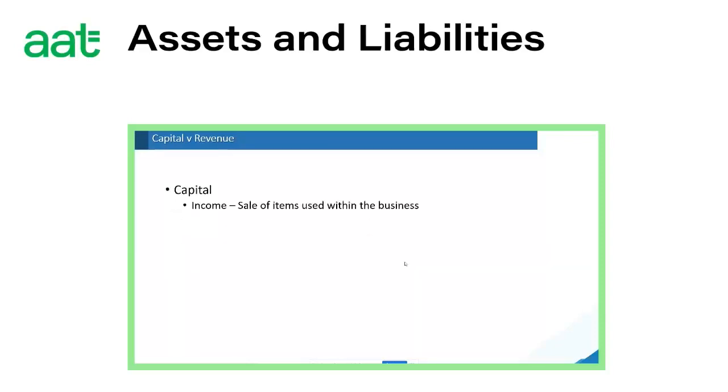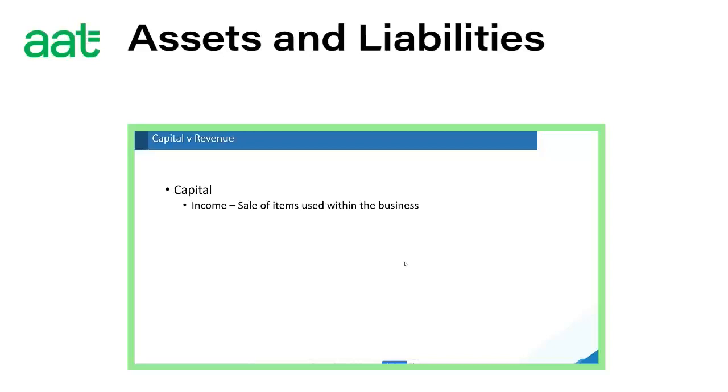So basically, capital income. Now, when we test you, we want to know that you understand, one, what was the item before and how did we use it? So once we've sold it, what happens then? It doesn't just become a sale in the accounts, because if it's a capital income, it's not a sale.